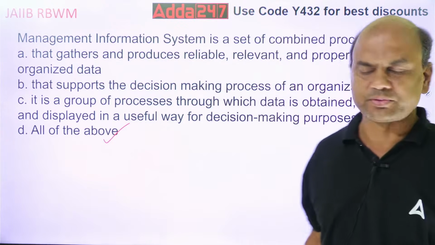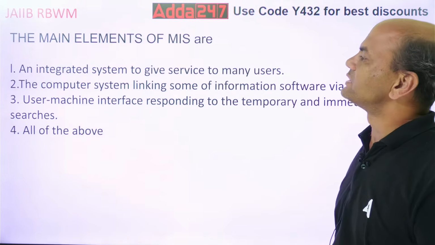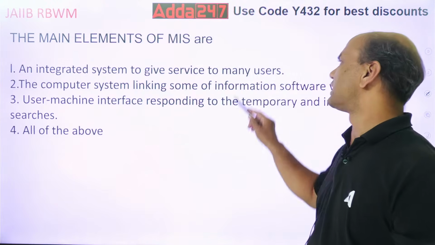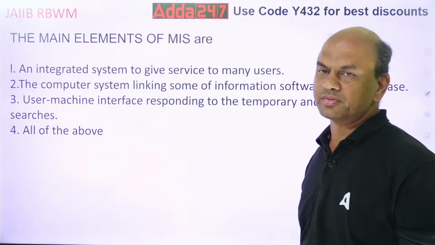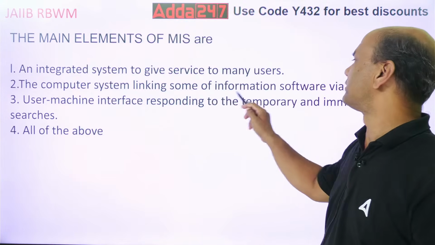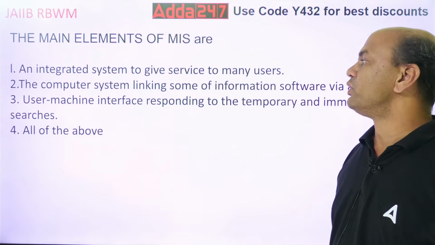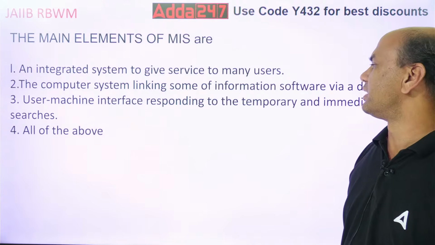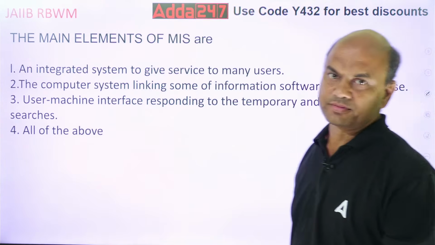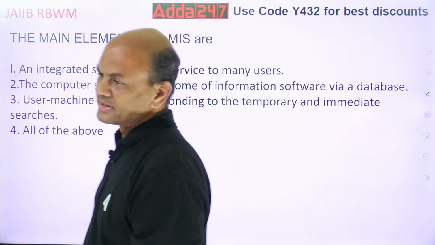Next one. The main elements of MIS are an integrated system to give service to many users, a computer system linking some of the information software via database, user-machine interface responding to the temporary and immediate searches, and all of the above. See, this is mainly for your information.